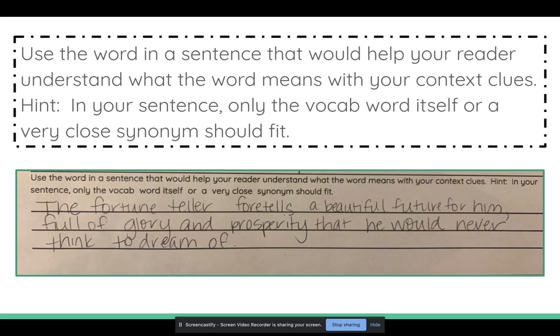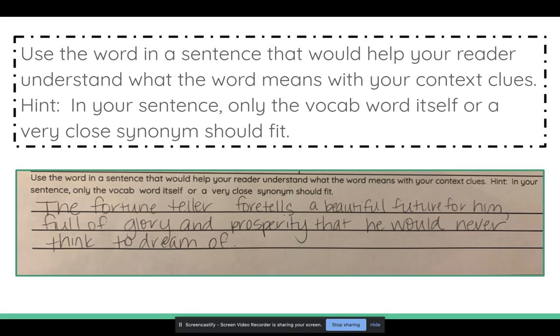So I believe that this sentence creates context clues that would help a person who doesn't know what the word foretell is guess what it means based on the context. Some of the context clues I put in here are the fortune teller, so it helps to know the person that's doing the foretelling. And I put the word future so that they would know that it's a guess about something that's to come.